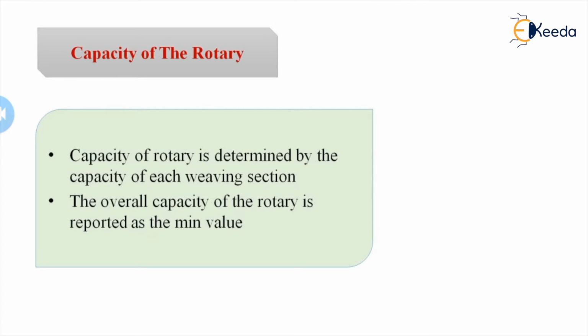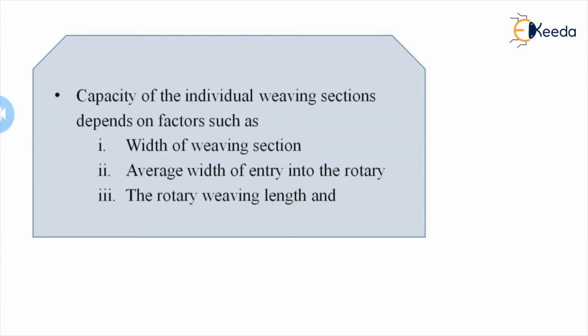The capacity of the rotary. The capacity of the rotary is determined by the capacity of each weaving section. That is, how many vehicles are weaving each other. The overall capacity of the rotary is reported as a minimum value. Capacity of the individual weaving section depends on factors such as the width of the weaving section, the average width of the entry in the rotary, and the total weaving length.